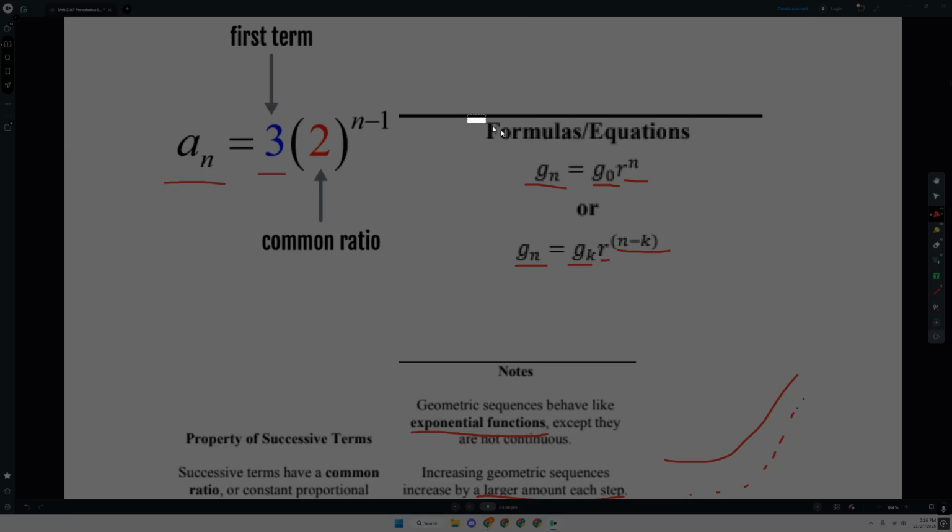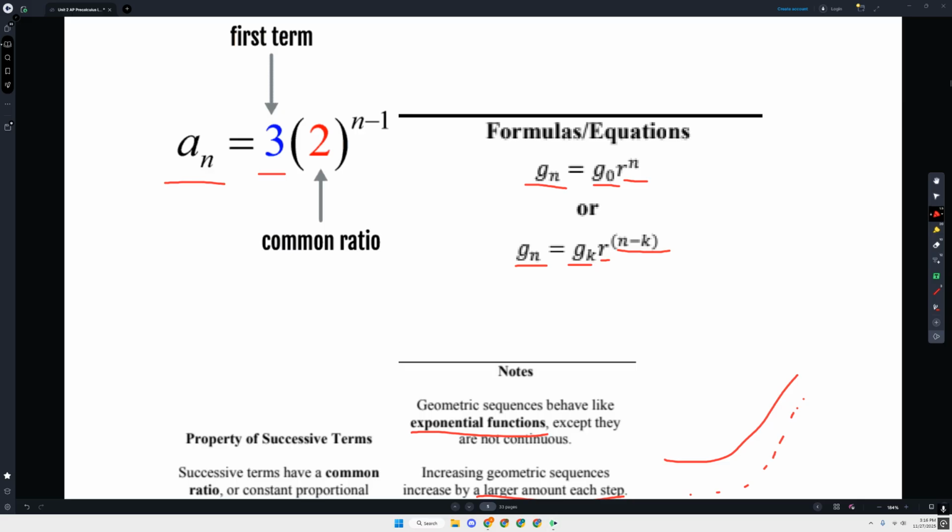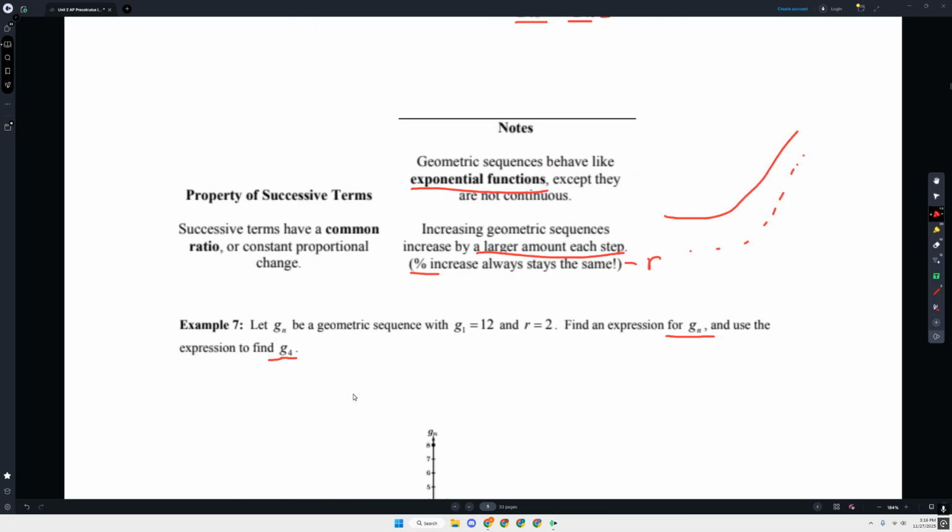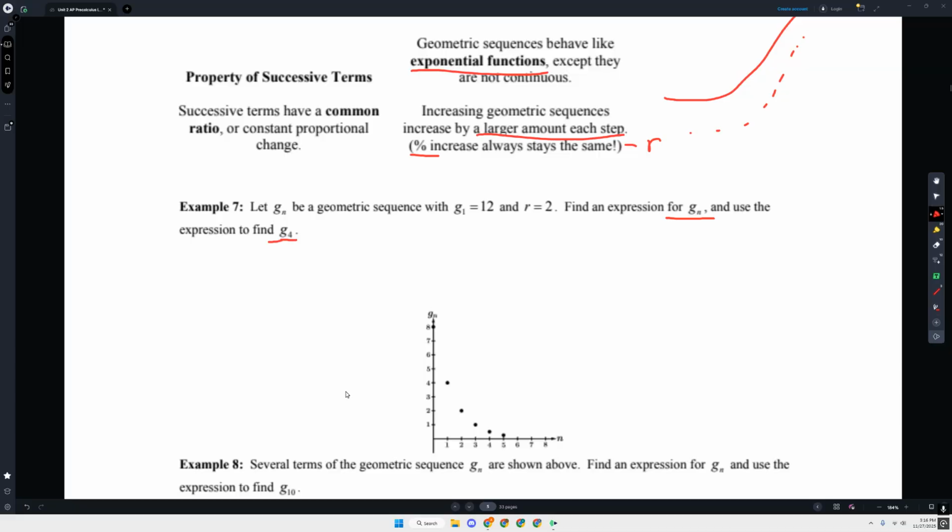Alright, I'll put the formulas in the chat, maybe that'll help you guys. You don't get formulas in the test, but for now, while learning it, it can help you. Or you can use an infinity's formula. That also helps.